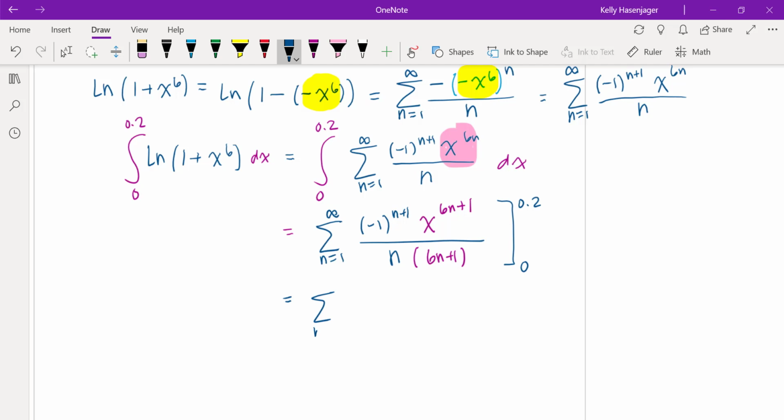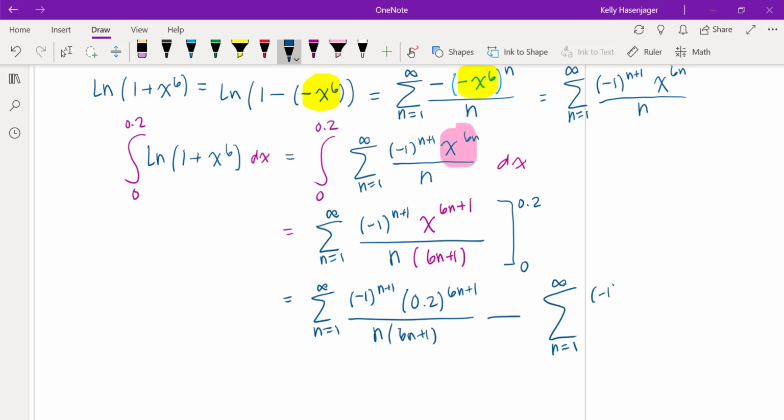We'll have our sum from n is 1 to infinity, -1 to the n plus 1, instead of x we're plugging in that 0.2, 6n plus 1, all over n times 6n plus 1, minus, and then we plug in 0 into our antiderivative. So we'll have -1 to the n plus 1, instead of x we're going to put 0, 6n plus 1, all over n times 6n plus 1.